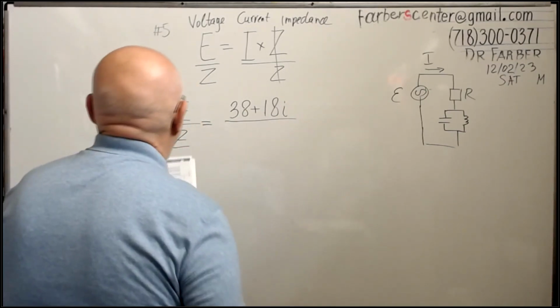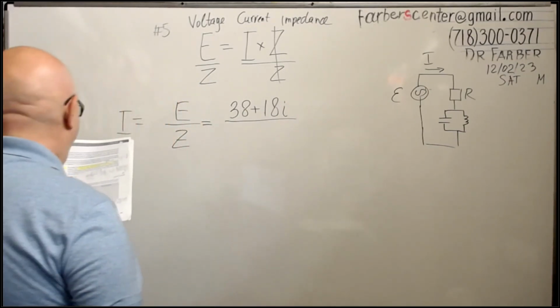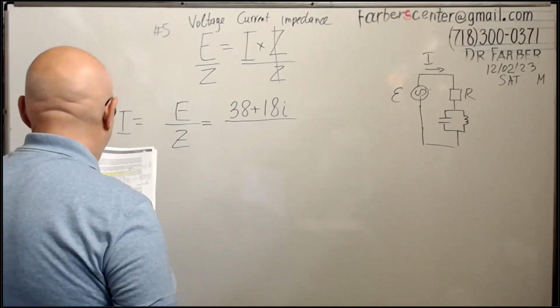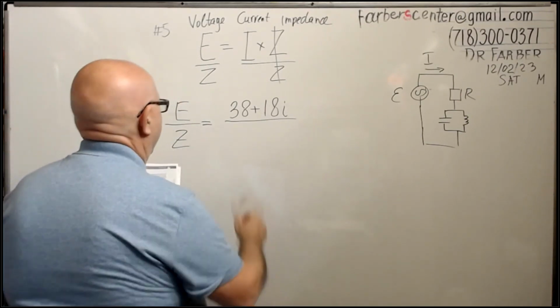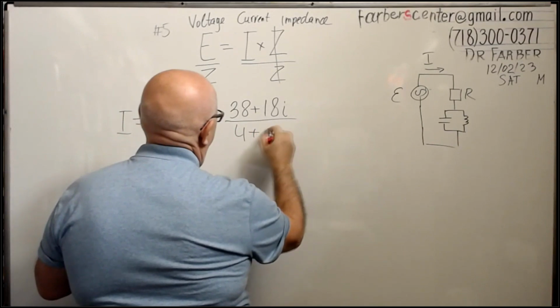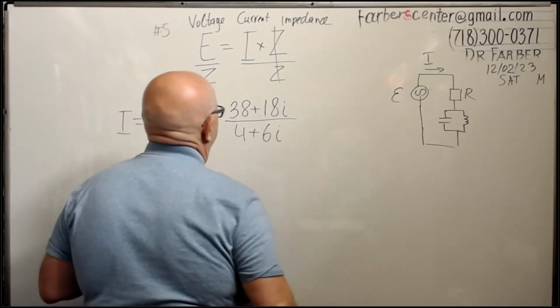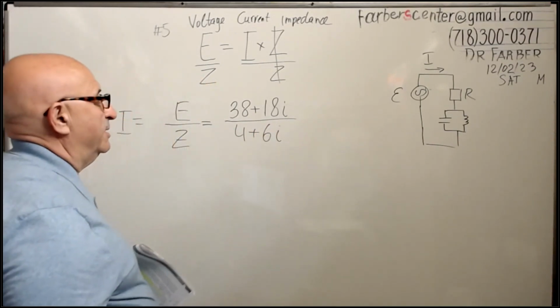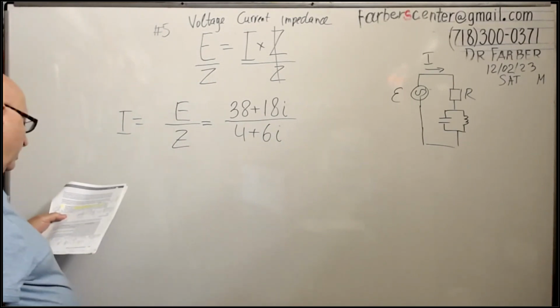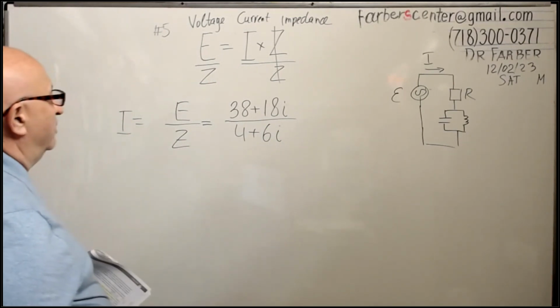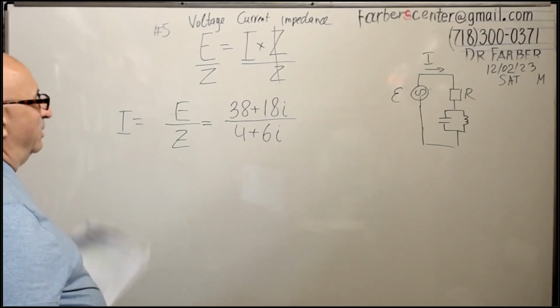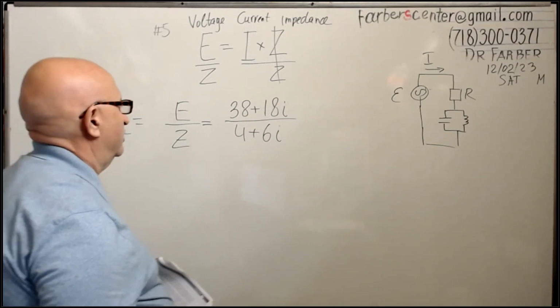And what is impedance? Impedance of this is 4 plus 6i. So now forget about this electricity, and we just have a simple complex expression which you can easily solve.